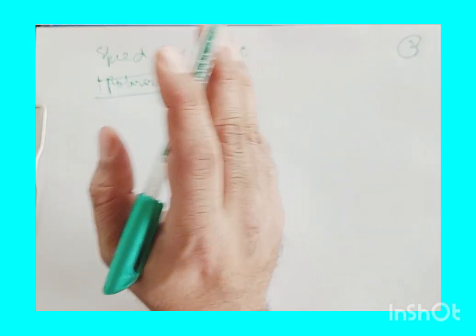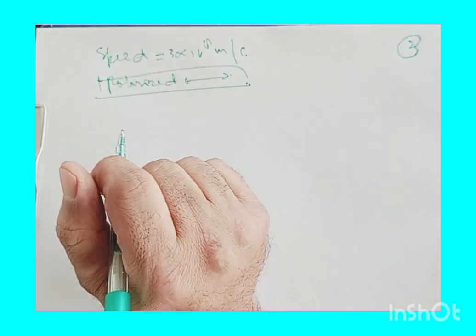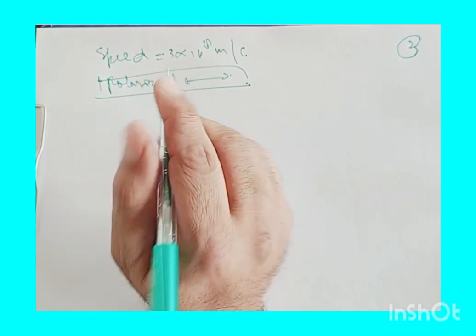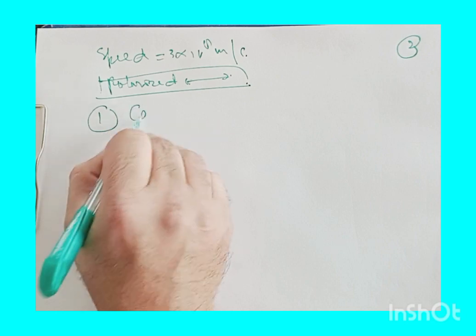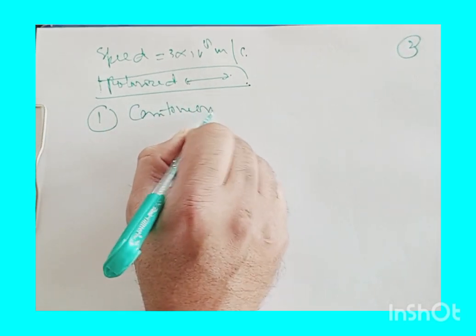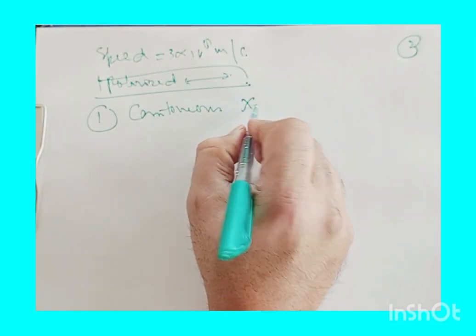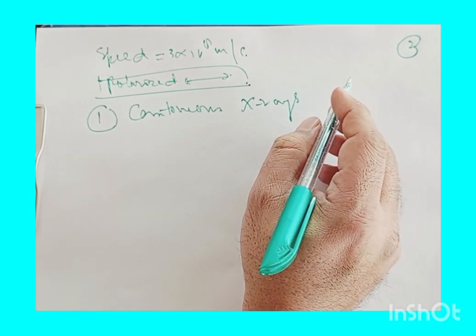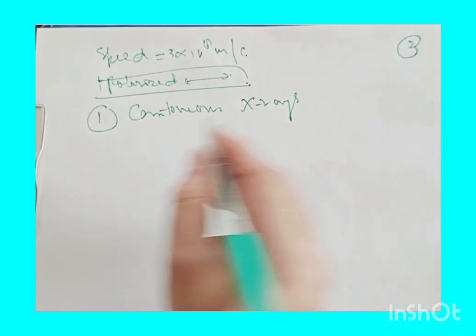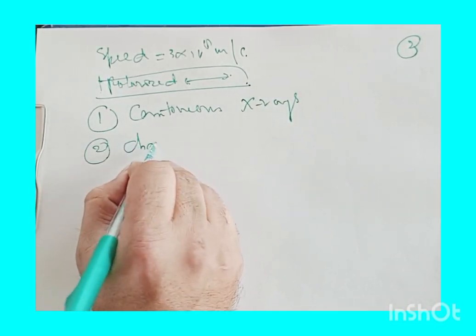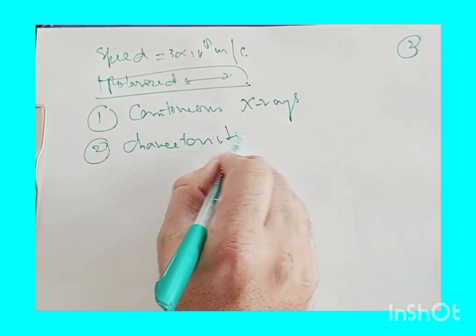Now, about the X-ray spectra, there are two types of X-rays. One is called continuous X-rays, and another one is called characteristic X-rays.